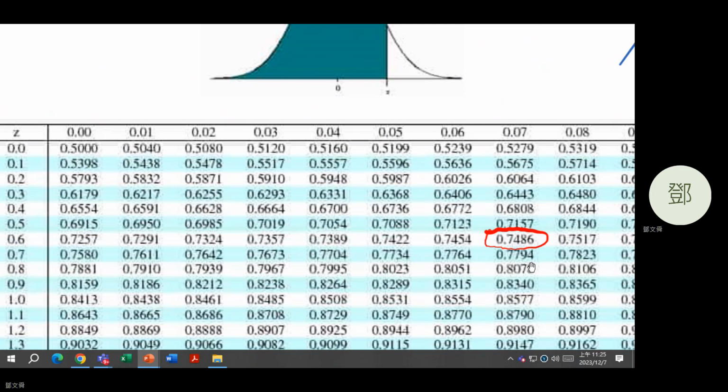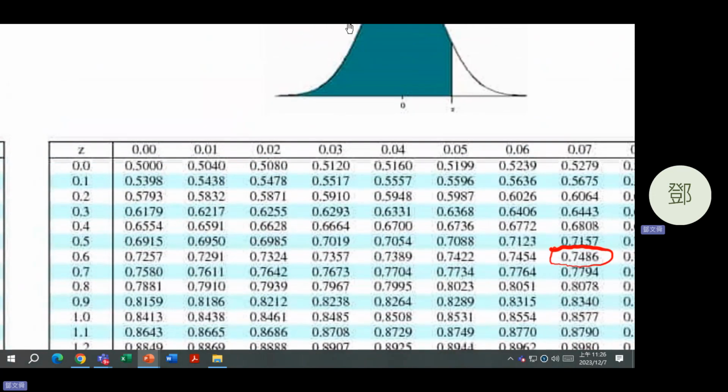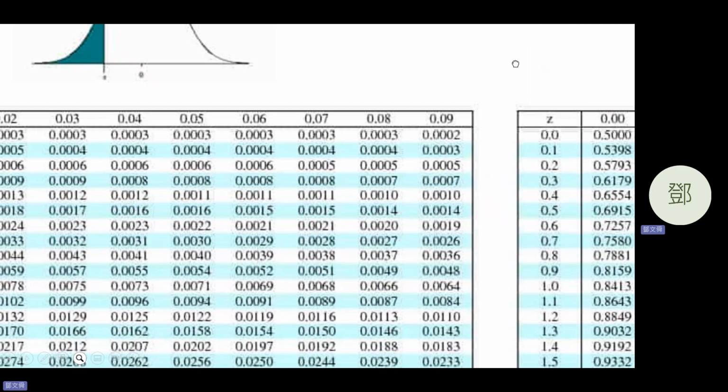Understand? So that's the area left of 0.67.